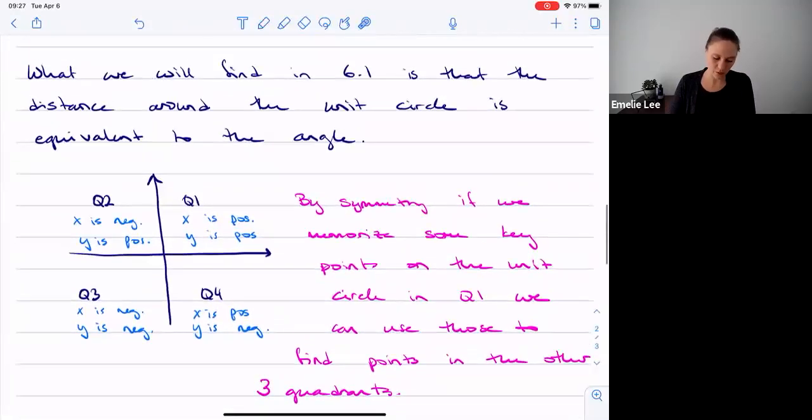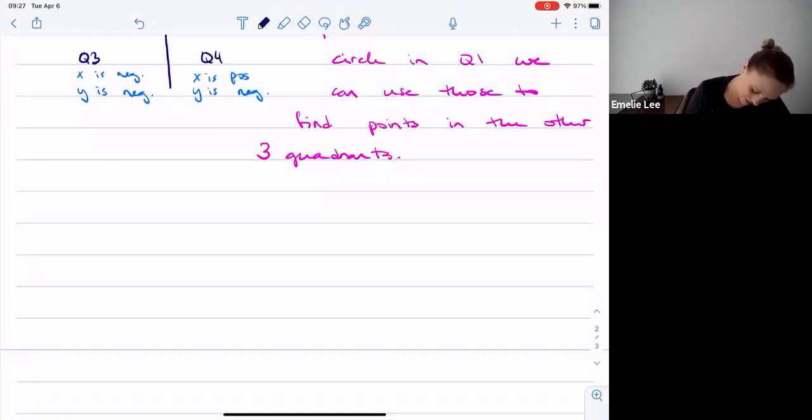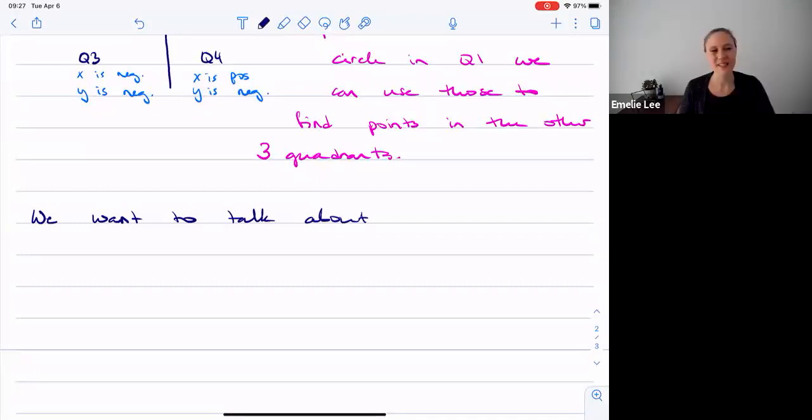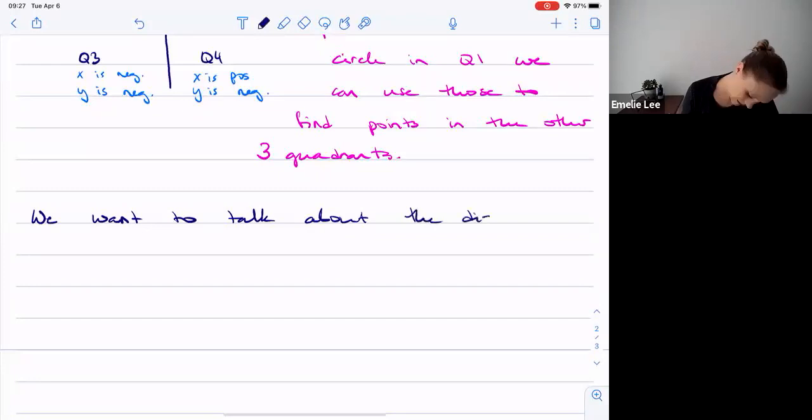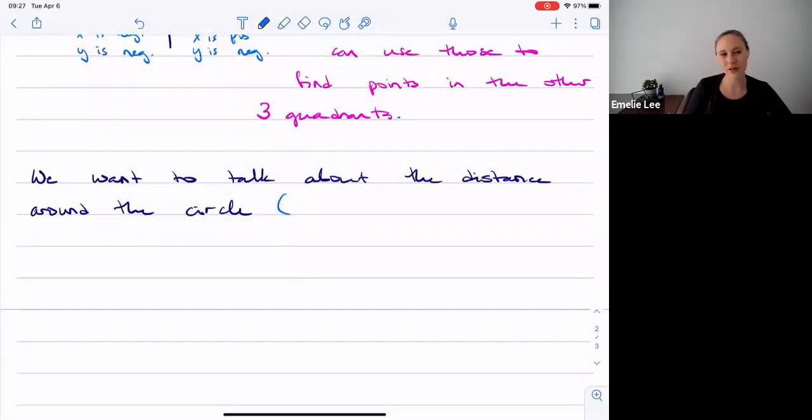So we're going to talk about the distance around the circle, but the distance around a circle is equivalent to an xy coordinate. We want to talk about the distance around the circle, which later we call the angle.